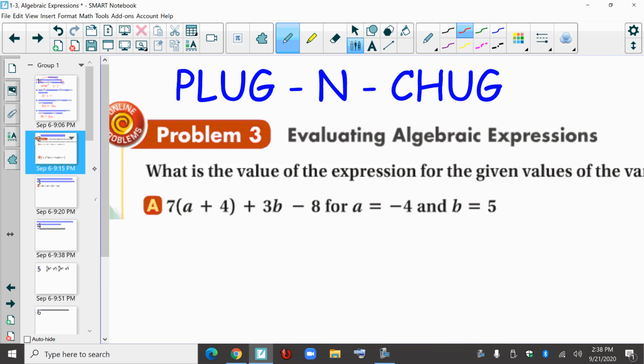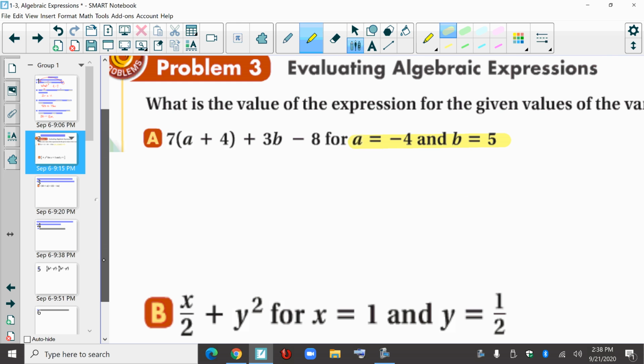Next, plug and chug. Plug and chug is whenever you take a value that is given to you, such as a equals -4 and b equals 5, and you plug it into the expression and calculate using order of operations the answer to the value there. So let's go ahead and do that. So that's going to be 7.